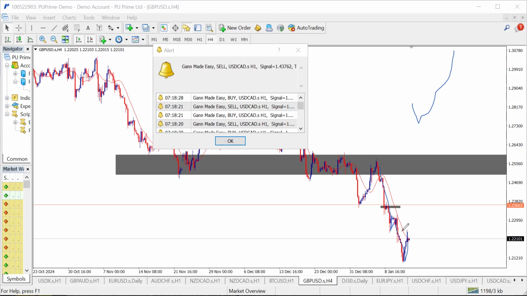This is the lower high. I can see this very strong wick rejection from this level right here, because that is a very, very strong key level.